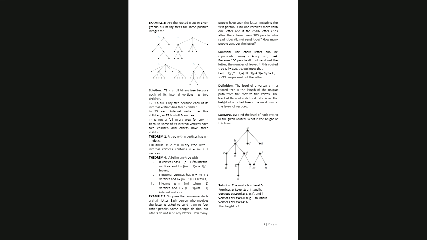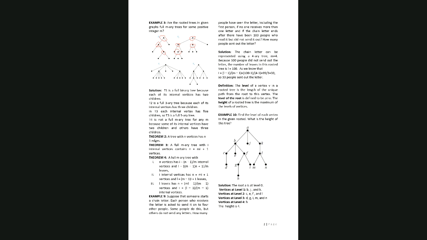These internal vertices all have two children, 1, 2, 1, 2, 1, 2. So m is equal to 2, and this is a binary tree. And see, this internal vertex has three children, this one has three, this one has three, this one has three. All internal vertices have exactly three, so this is a full 3-ary tree.